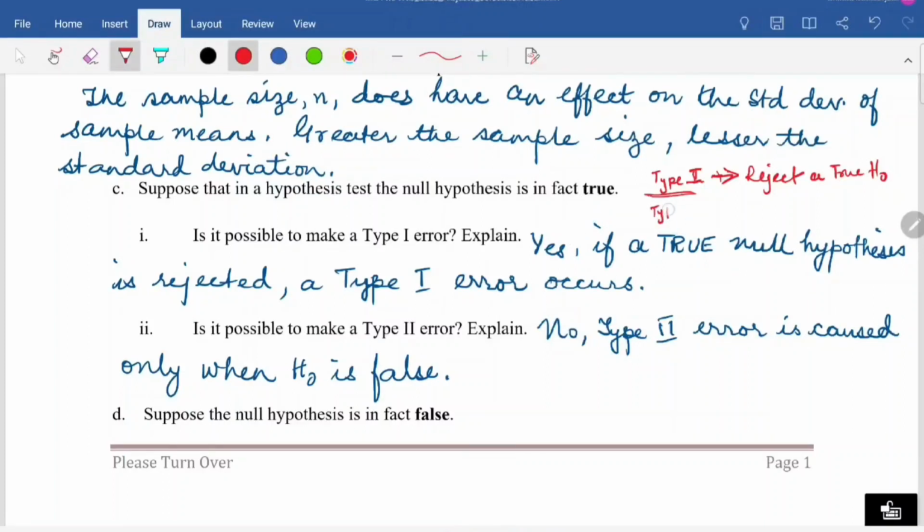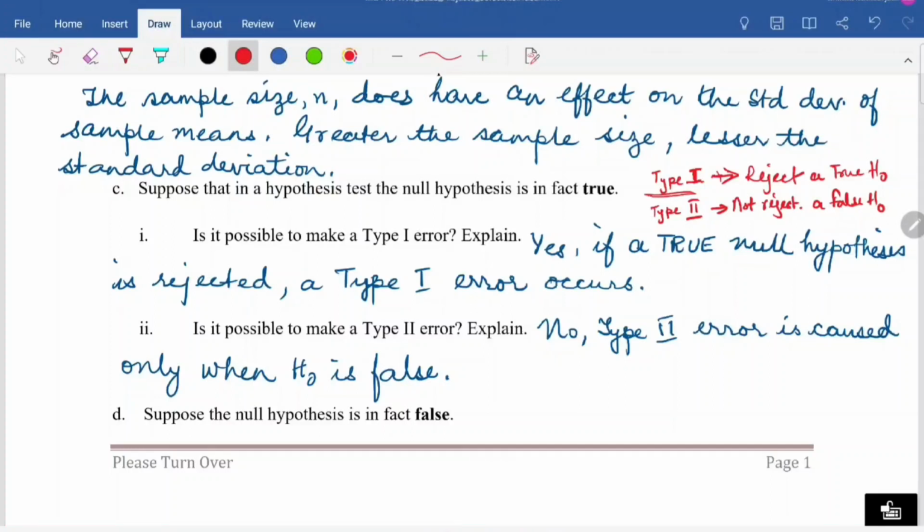Type 2 error, on the other hand, because the next part is asking about the type 2 error, is not rejecting a false null hypothesis. In other words, in a type 2 error, the null hypothesis is actually false, actually guilty, but we don't end up declaring it guilty.